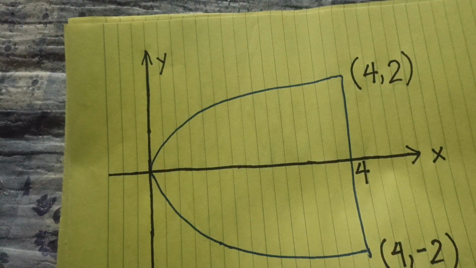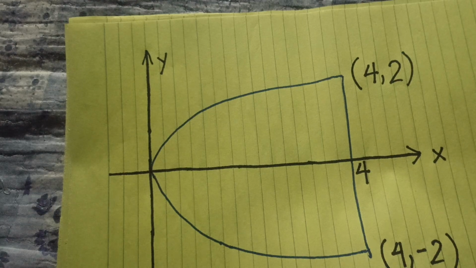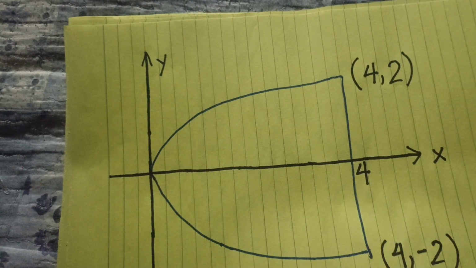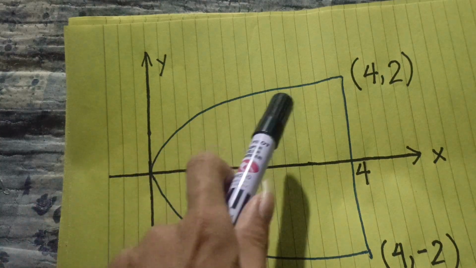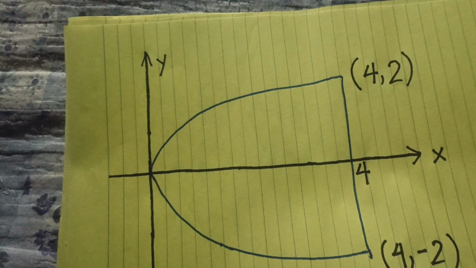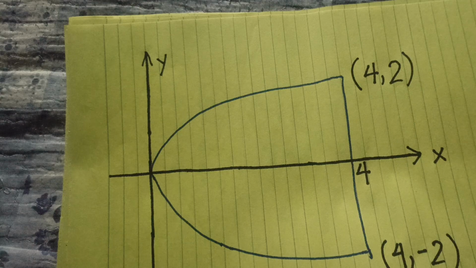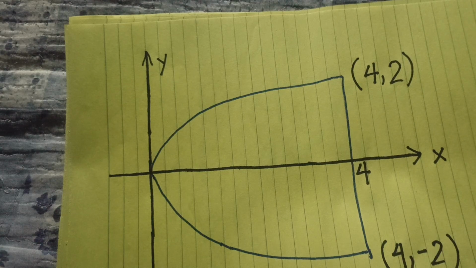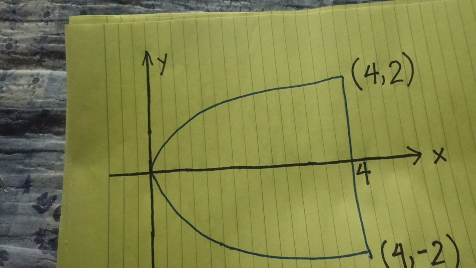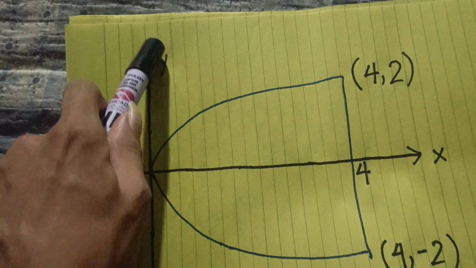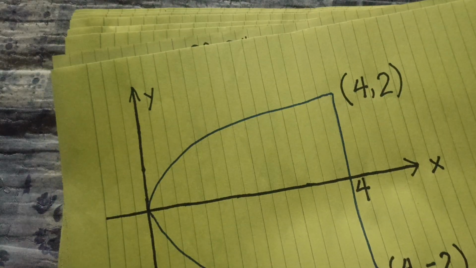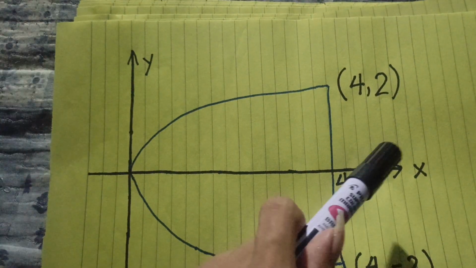We could set this up as a type 1 region, where we say that x is between 0 and 4, and y is between negative the square root of x and the square root of x. But we would rather set it up as a type 2 region, because in that way, y is bounded between negative 2 and 2, and x is bounded between y squared and 4.